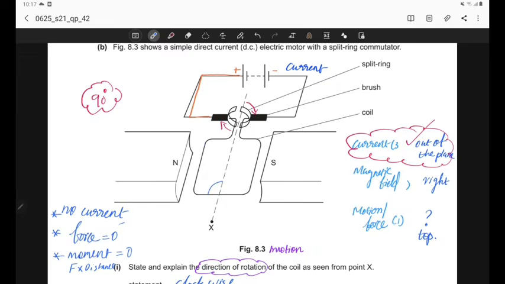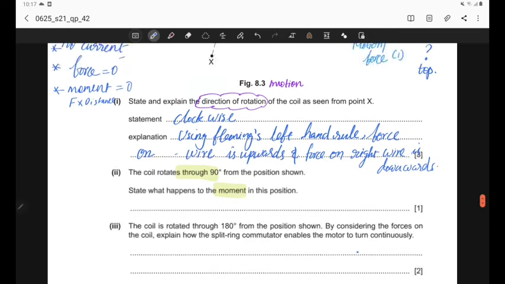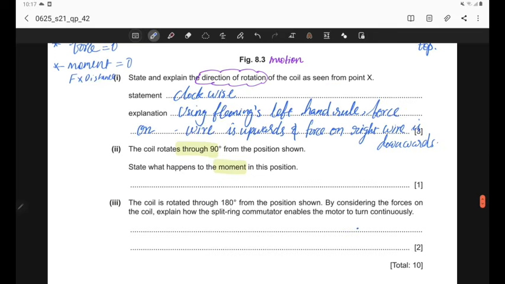Due to its initial momentum, or its inertia, the coil will continue its rotation. That's why when the coil is exactly at 90 degrees, even though there is no force, the coil continues to move because of its inertia or initial momentum. So here we can write the moment will be zero. We can write the answer in words.